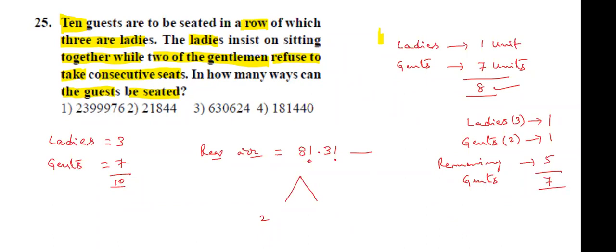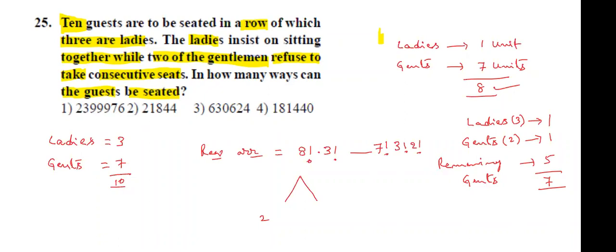7 units. 7 units can be arranged in 7 factorial, but 3 ladies can be arranged among themselves in 3 factorial. Gents also can be arranged among themselves in 2 factorial. So what I have done here, 8 factorial, 3 factorial, in this arrangement the two particular gents come together or do not come together, two cases are possible.